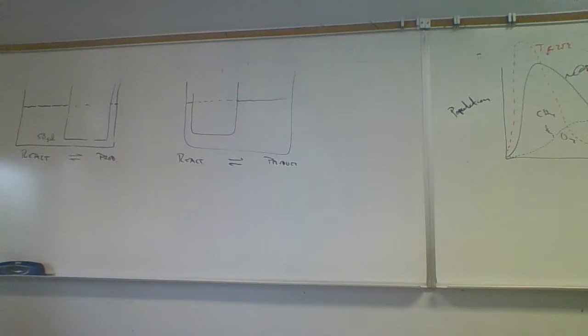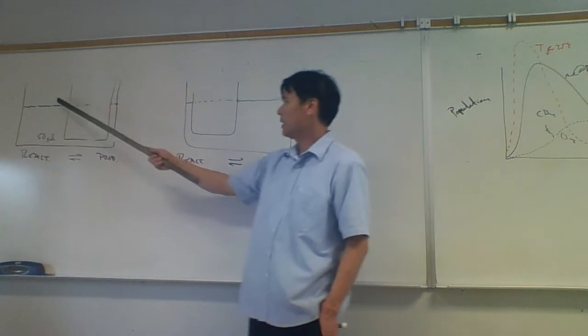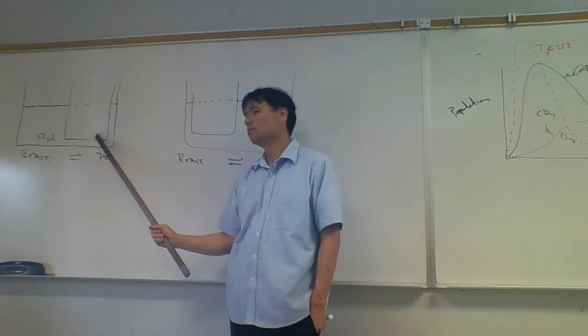That's like pouring more water onto the reactant side. If we pour more water into the reactant side, that's going to shift the reaction to the right. Increasing the reactant concentration is going to shift this to the right.